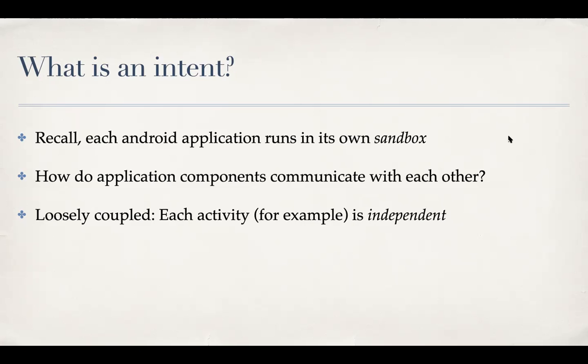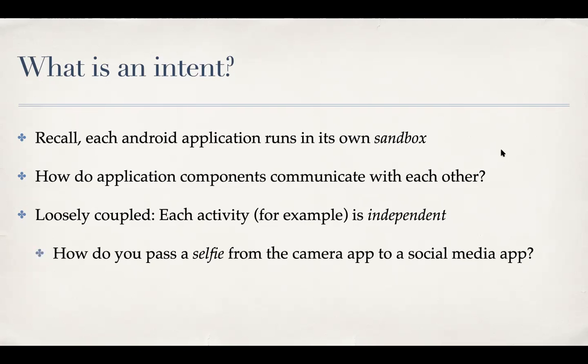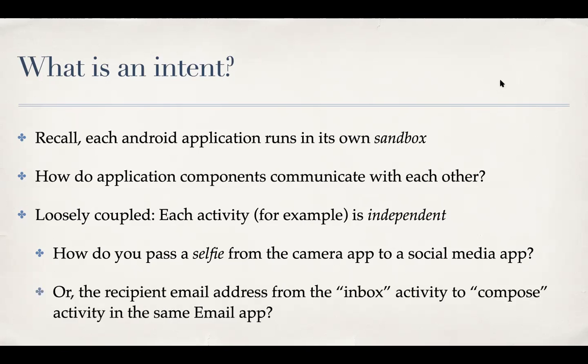So let's consider two examples. Like the one I just said, how do you pass a selfie or a photo from your camera app to the social media app? This is an example of interaction across applications. Now there is interaction within applications.